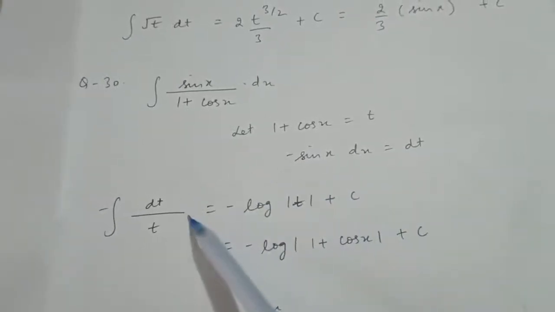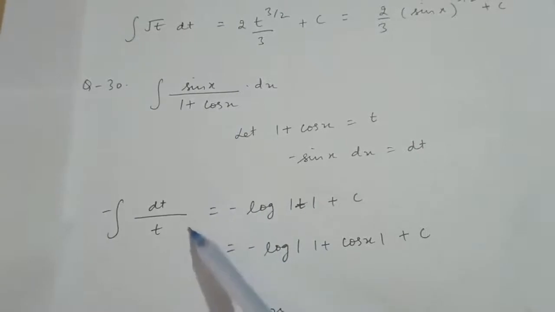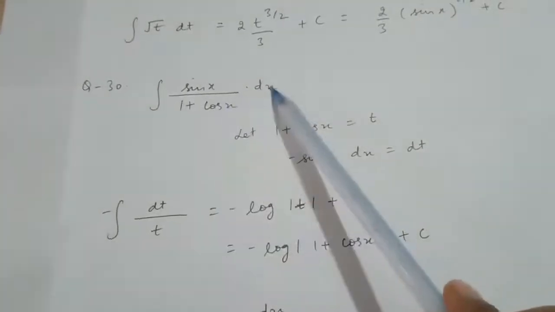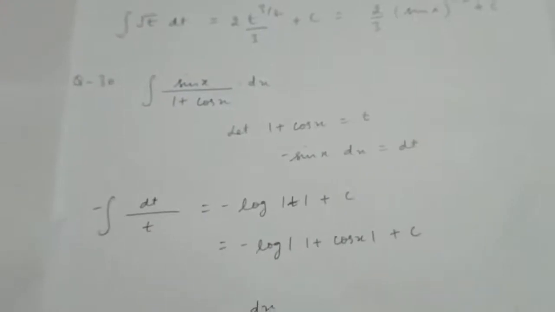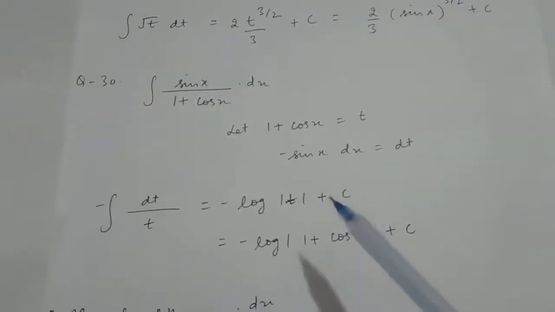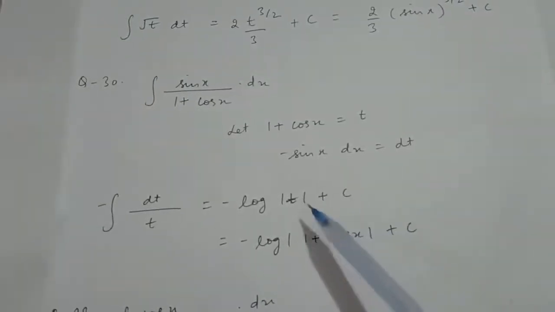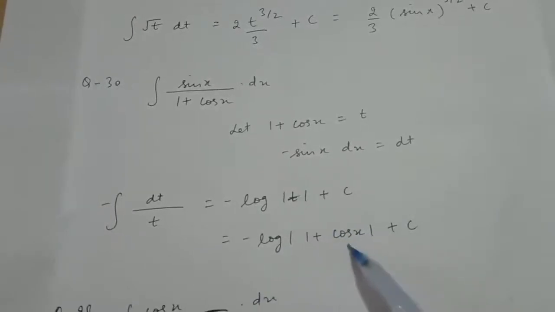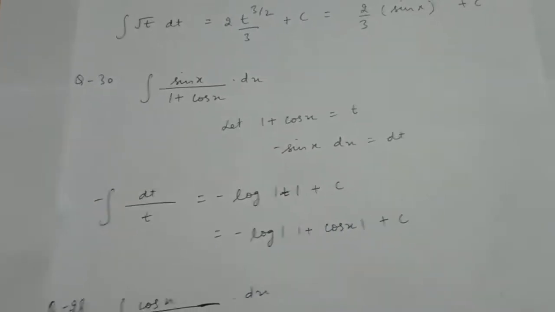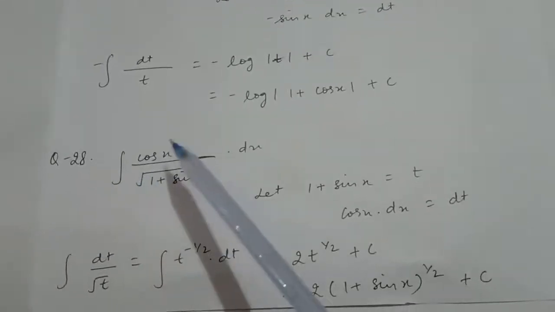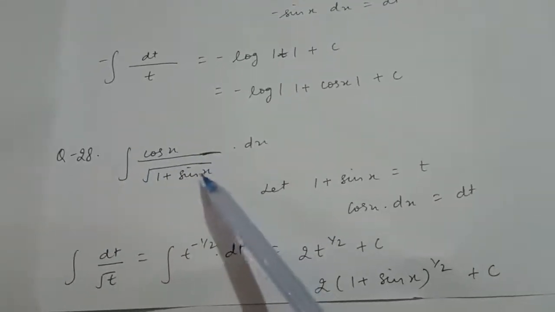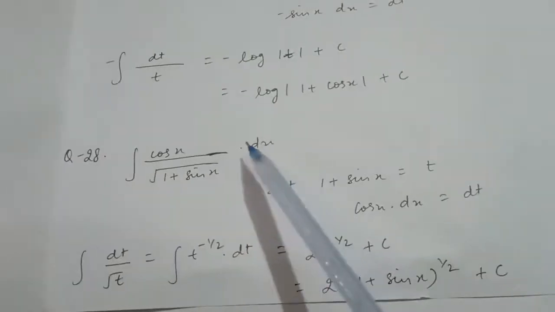So 1 plus cos x will be t, and sin x dx is minus dt. Now this is equal to minus log of mod t plus c, and in place of t again put the value 1 plus cos x. Clear?